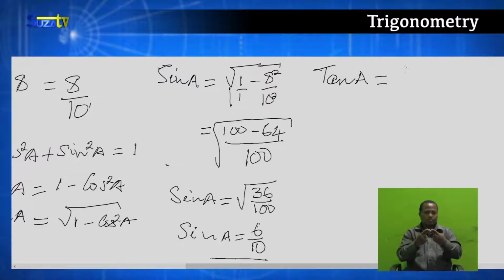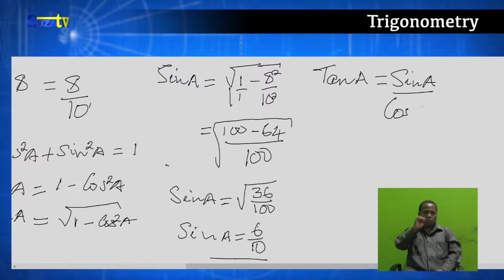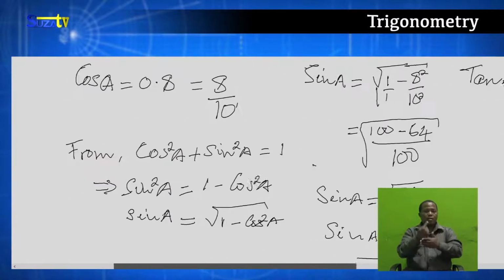Very good. There is a relationship between tangent, sine and cosine, and we say that the tangent is equal to sine of the same angle, which is A, over cosine of the same angle, which is A. So tangent A is equal to sine A over cos A. So now we have got sine A, which is 6 out of 10, and we have cos A, which is given from the question here.